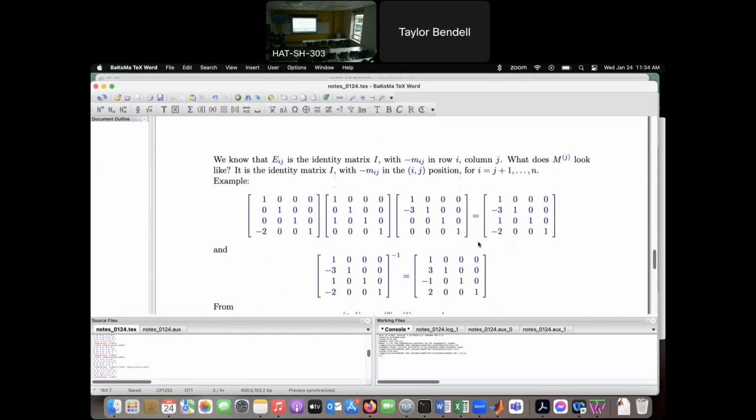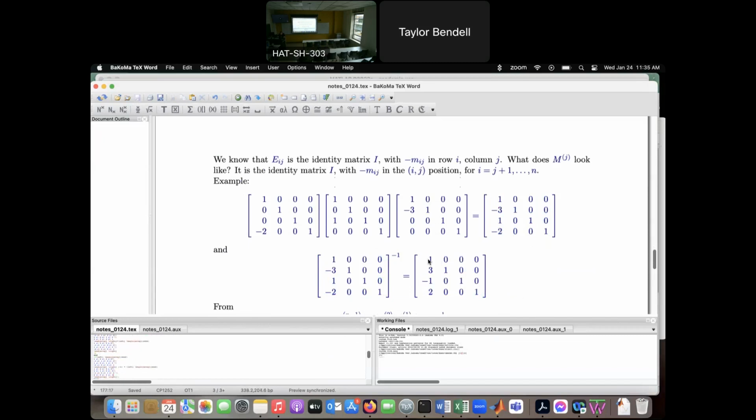Now, what also works out nicely is the inverse. If I take this matrix, it's unit lower triangular, so I know that its inverse is also unit lower triangular, but I don't know anything else about it. But it can be shown, I won't go to the trouble here, that the inverse of this matrix is just this. What's the difference between them? The negation. Yes.